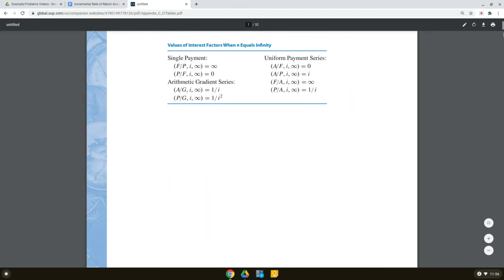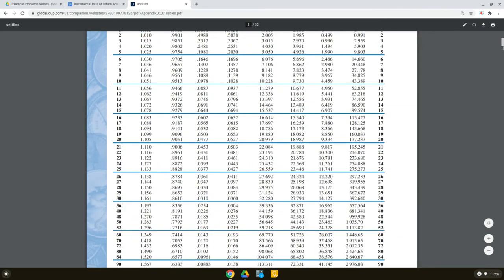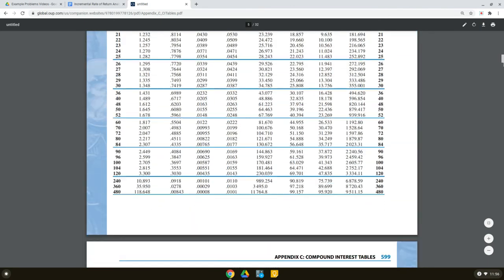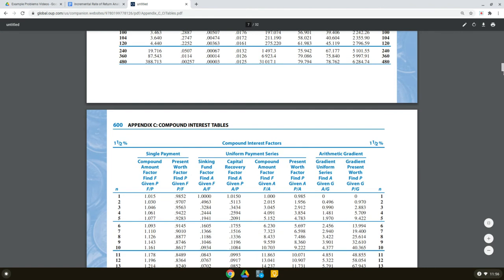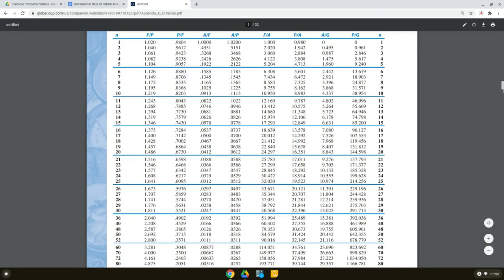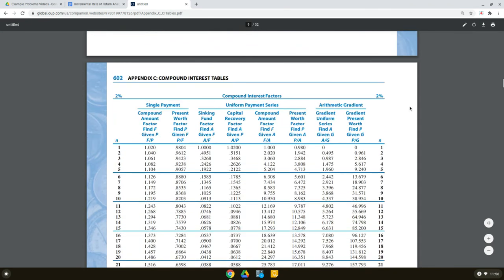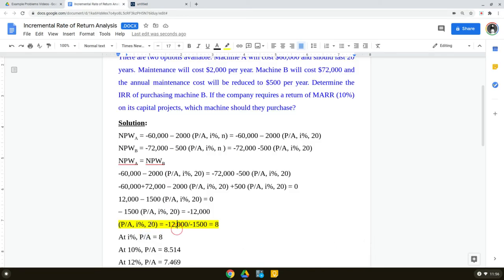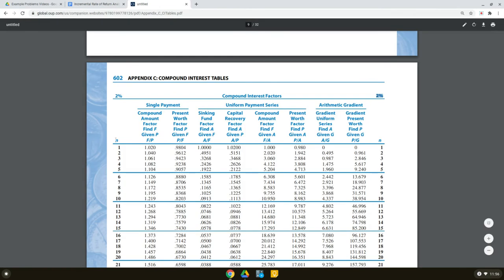and maybe we can start with 2% initially, right? We have to start somewhere, so we can start at 2%. Okay, so here we are, and we need to look at row number 20. Why row number 20? Because n, the number of pay periods or number of years in the problem, is 20.